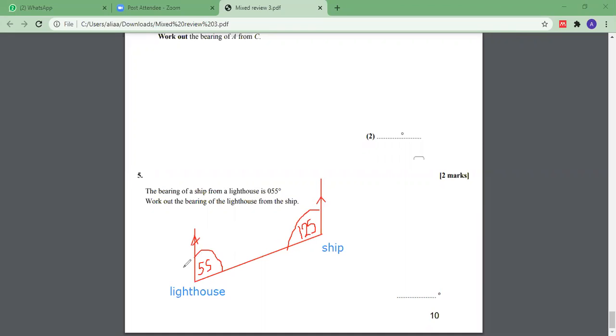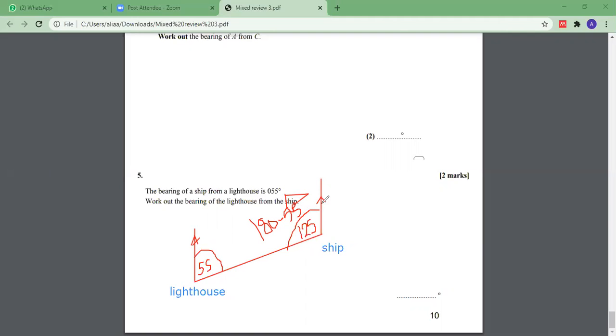When I have two parallel lines, I don't have to measure, but I have to know that these two lines are parallel, and I know that one of them is 55, so the other is going to be 180 minus 55. So it will be 125.